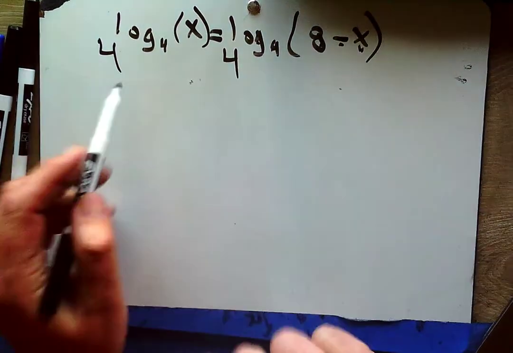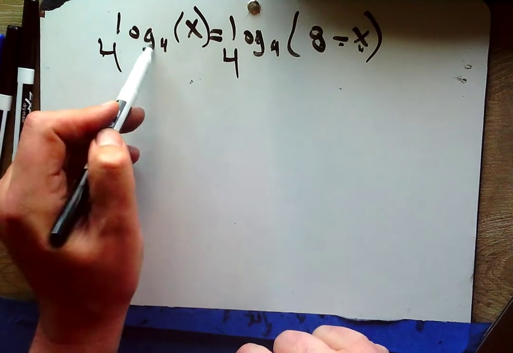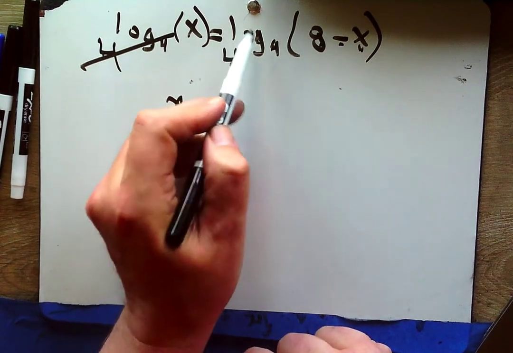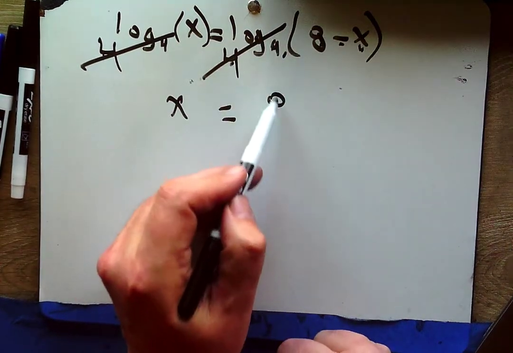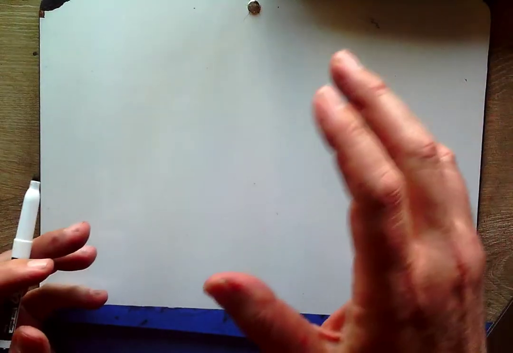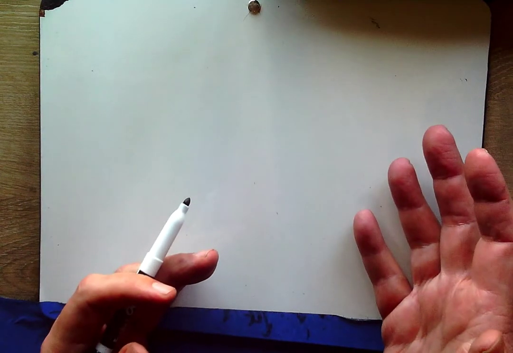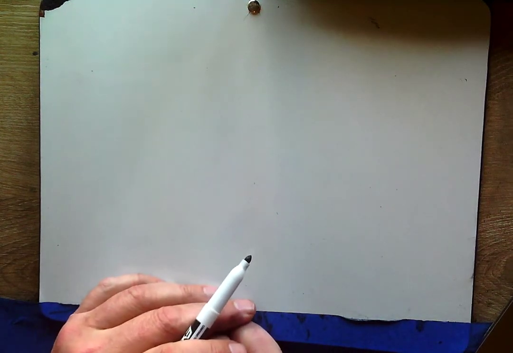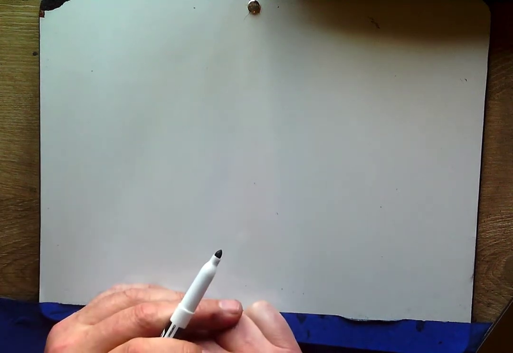If we exponentiate 4 to the power of log base 4, they do cancel. And so I can get to that same place without using that property that says if the bases are the same and these logs are supposed to be equal, then I know the arguments must be equal.